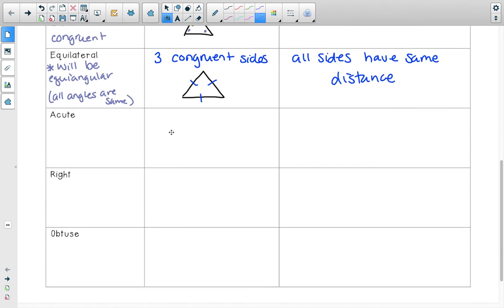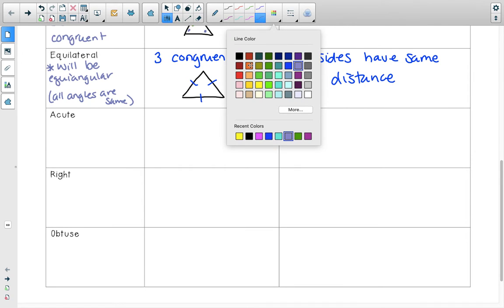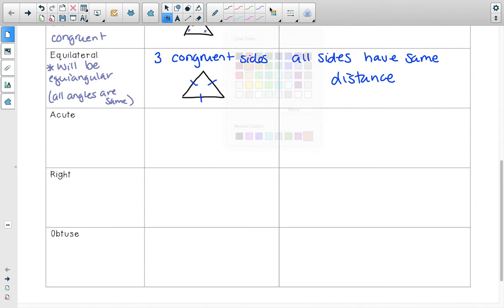Then we also have acute, right, and obtuse. This goes along with the angles. An acute triangle is when all angles are less than, or smaller than, 90 degrees.